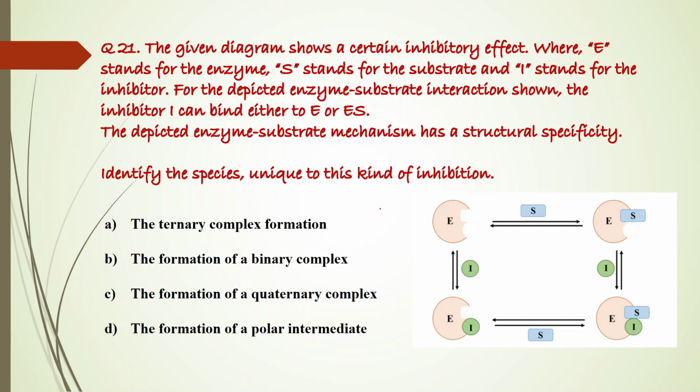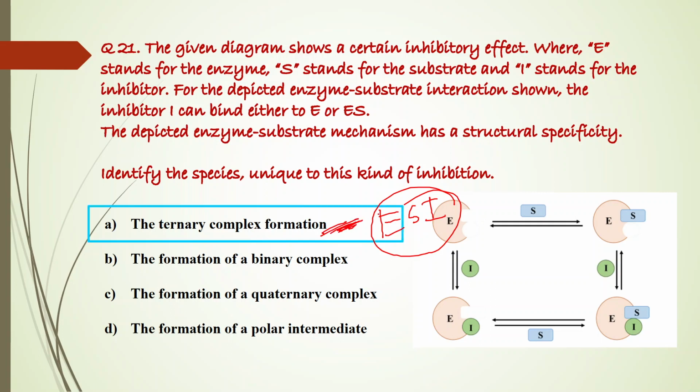Because there is a formation of ternary complex. This separates the non-competitive inhibition from competitive ones. So, the ternary complex formation, absolutely option A is correct. The ternary complex formation is the unique species of this particular inhibition process.